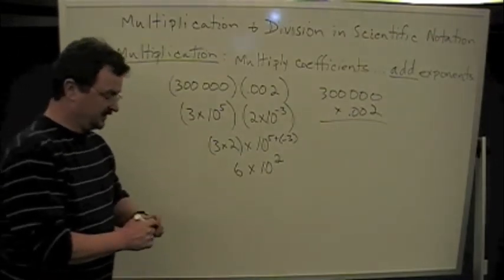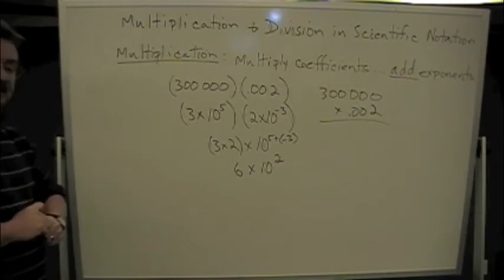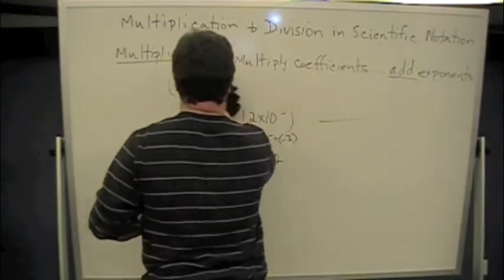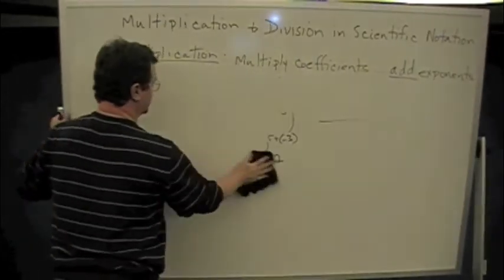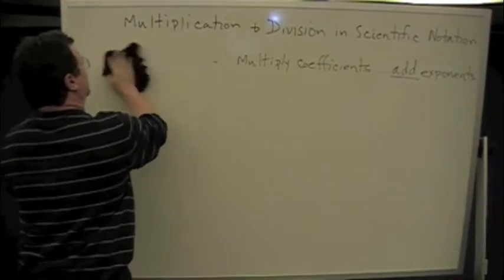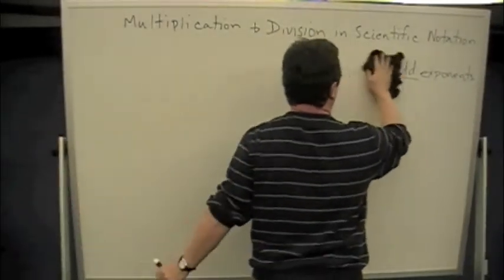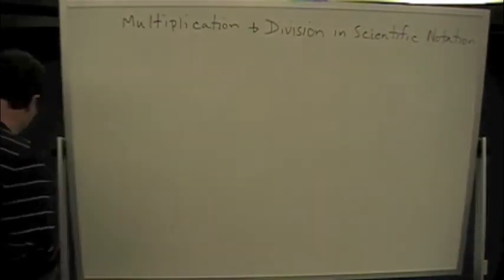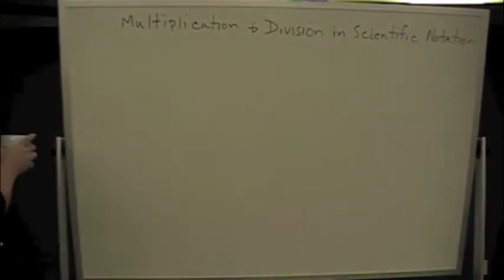Okay. So that's multiplication. Division is almost as easy. Again, there's a slight complication with division because you're subtracting instead of adding, which is always a little bit more difficult, but it shouldn't be too bad.